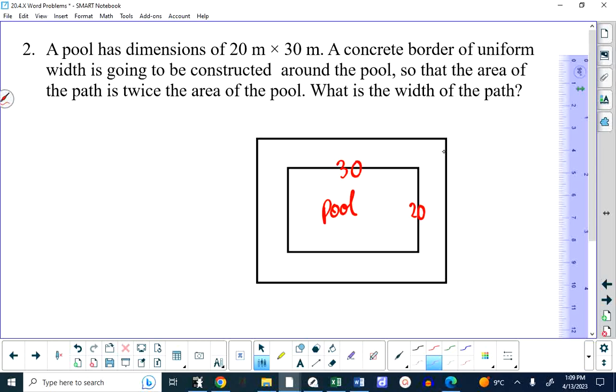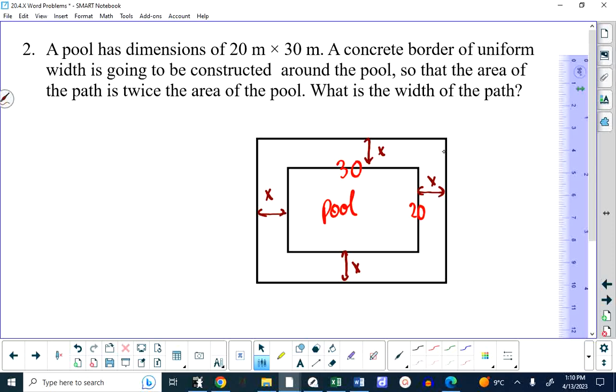What's the width of the path? Well, that's this, x. And this is x. And this is x. And this is x. It's x, the same on all sides.